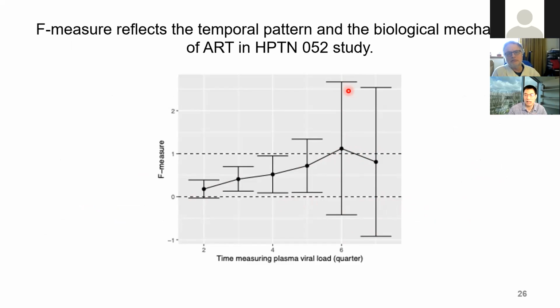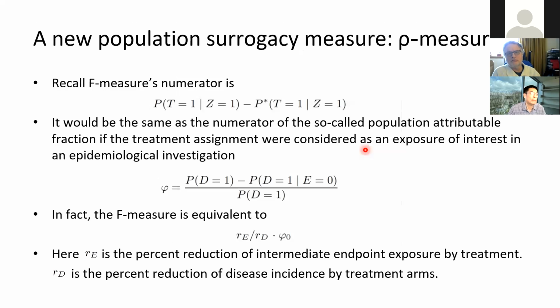So the range of the confidence interval becomes big, and also we have an outlying value of even more than 1. So that is one extension we did using the F measure, extended to the time varying scenario, with multiple landmark times.